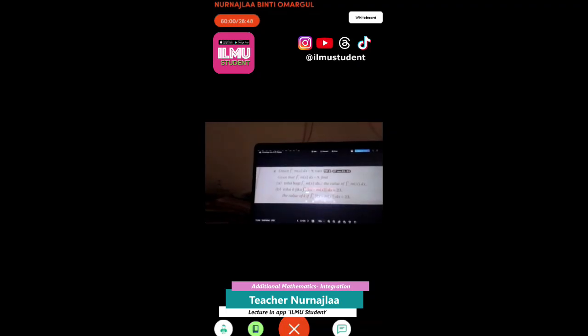All right, so this is the next question. Now we are dealing with the definite integral. Let us check out the red colored portion of this mind map. For the definite integral, you are going to have the upper quantity and the lower quantity.